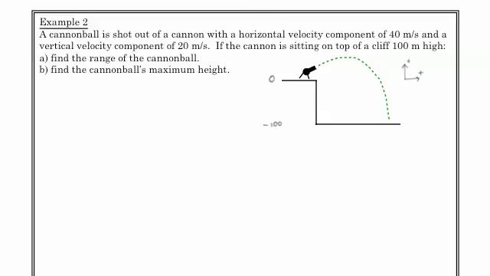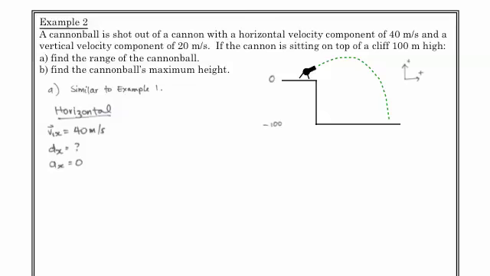And the first thing is that, okay, well now we know the initial velocity in the x direction, but we also know the initial velocity in the y direction. So finding the range is very similar to example number 1. There's just one small little difference. Here's the horizontal direction, and this is what we know in the horizontal direction.